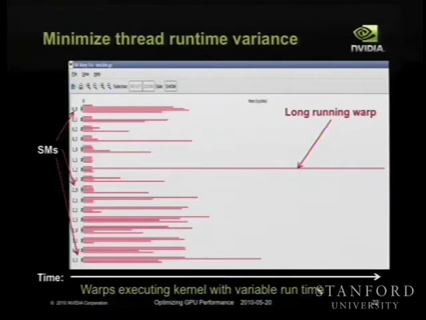How can I draw that picture for my program? This was run on a simulator at home, so I think the CUDA profiling can show you things kind of like this.